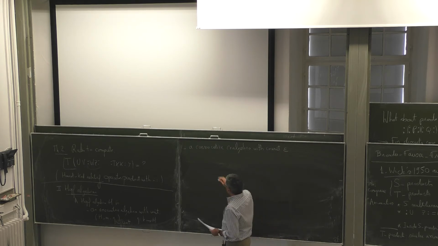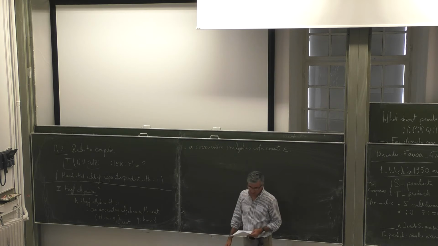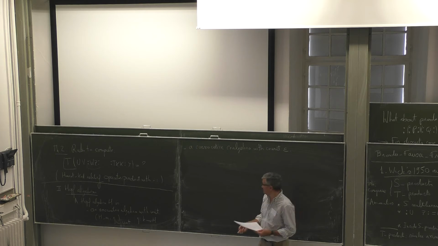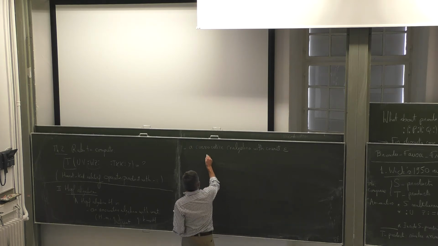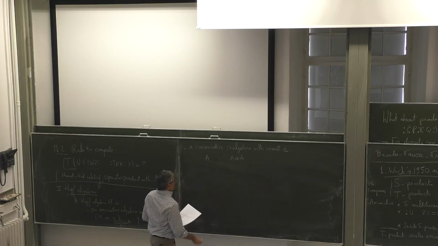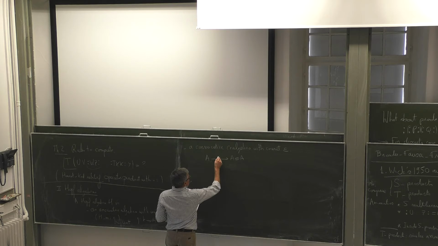Co-associative coalgebra, for those who don't know what it means, you obtain the notion by dualizing the definition of an algebra. An algebra is classically obtained by looking at a map from the tensor product of A with itself to A. In a coalgebra, you dualize this process.